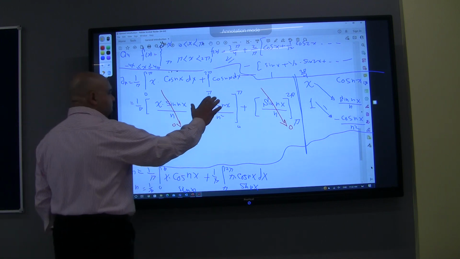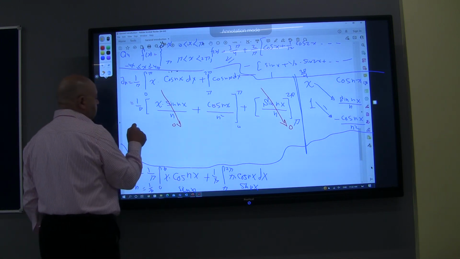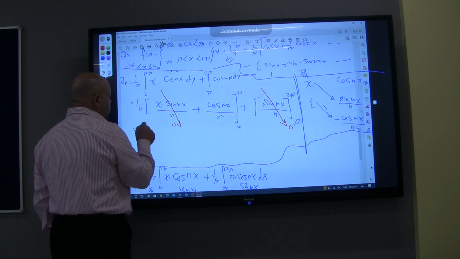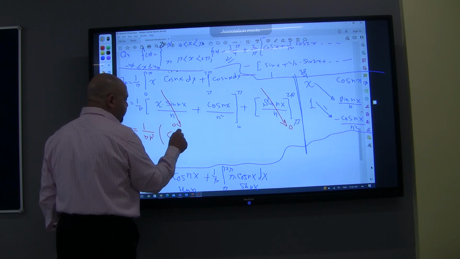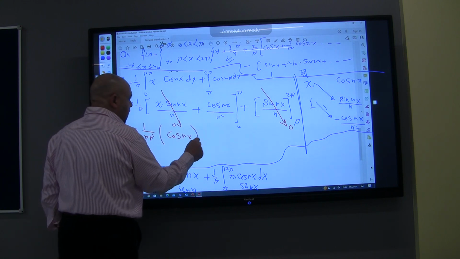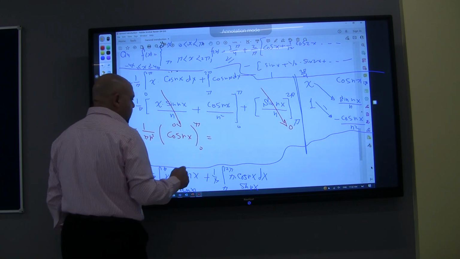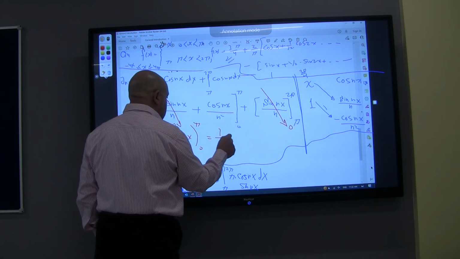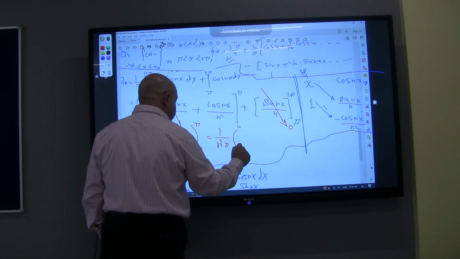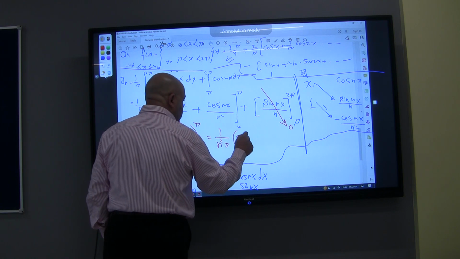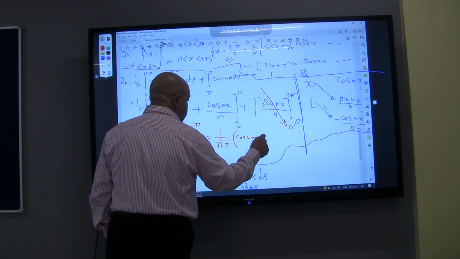That will leave us just with the part with the cosine, so it's going to be 1 divided by pi n squared, and we will have cosine nx, and I will make the substitution from pi to 0.